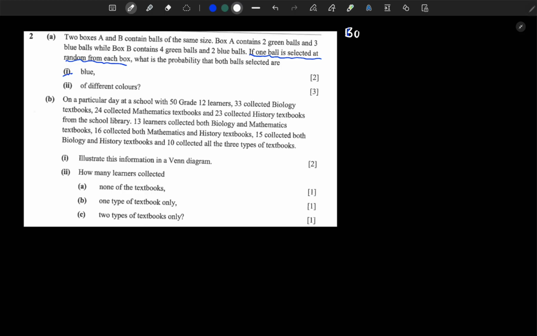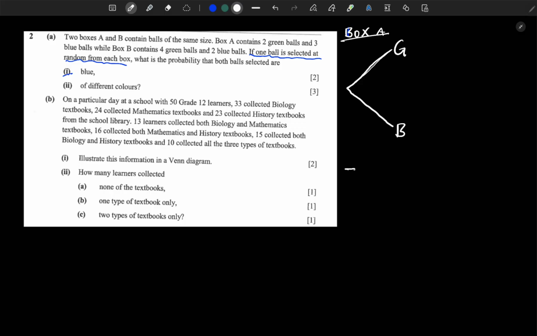Let's say we have box A. Since there was just one selection, for each box we are going to have G and blue. This is for box A. We are not told that a second ball is selected without replacement, so we are only dealing with one selection for each box.